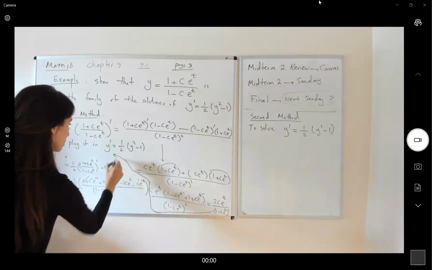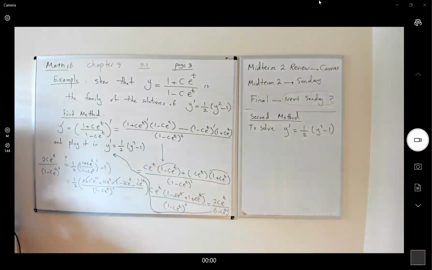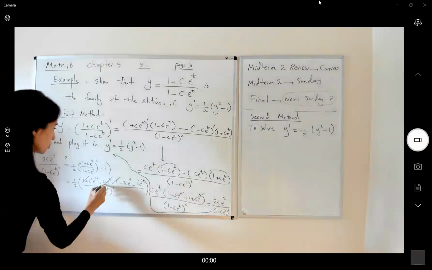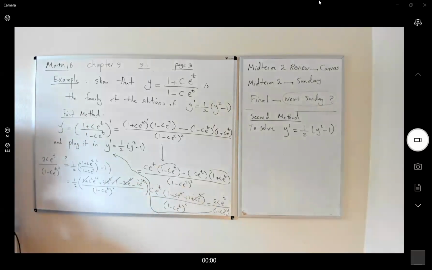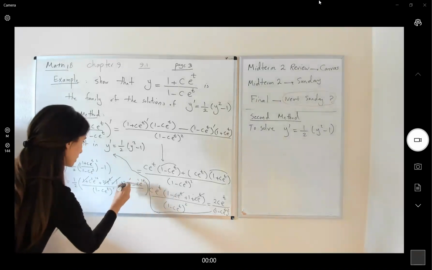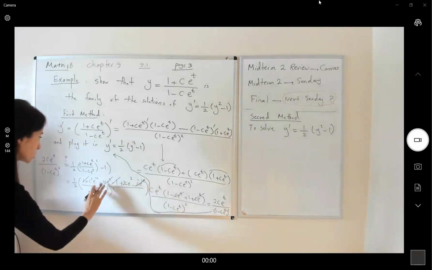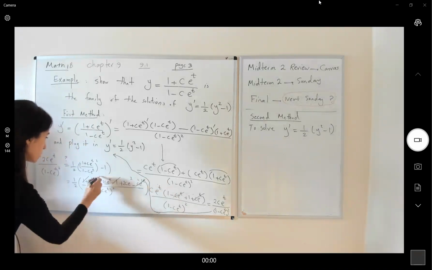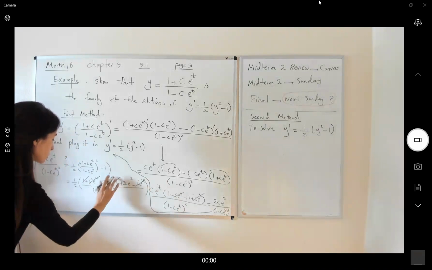Let me just put this here for you. So here you have 2c e to t. You can cancel out these two. Let's see what's missing here. Here we get 2, so it is 2c e to t. We cancel out these two, like this. c e to t.